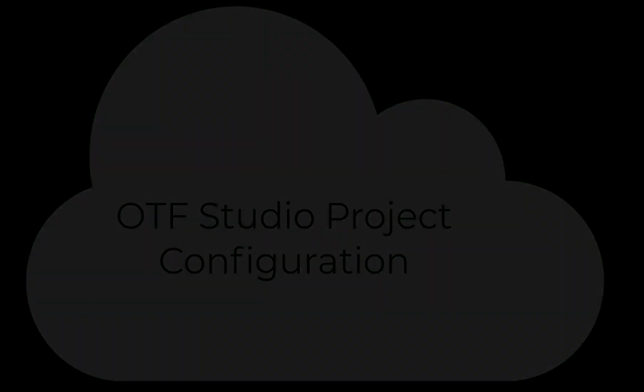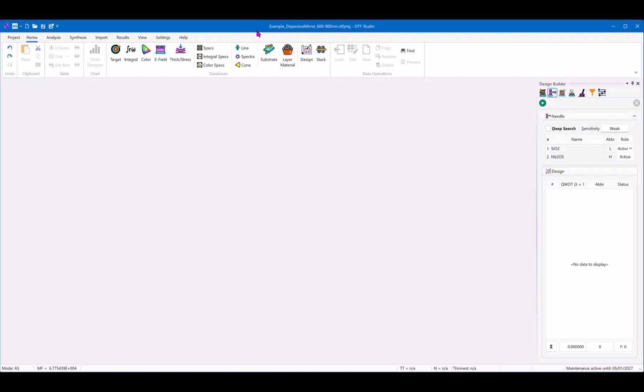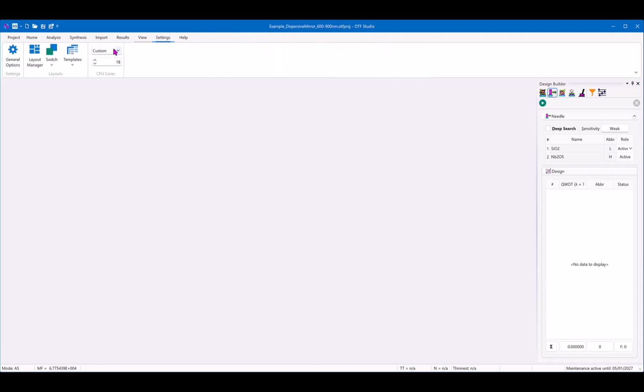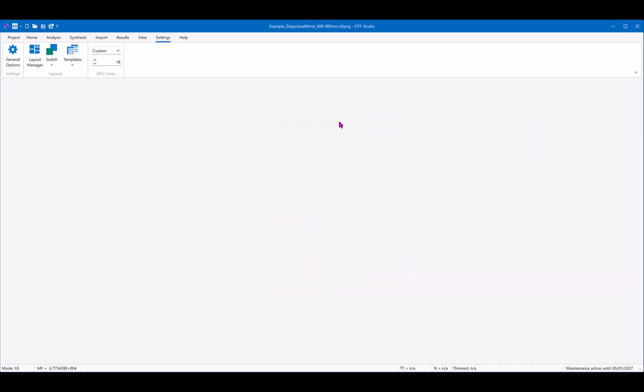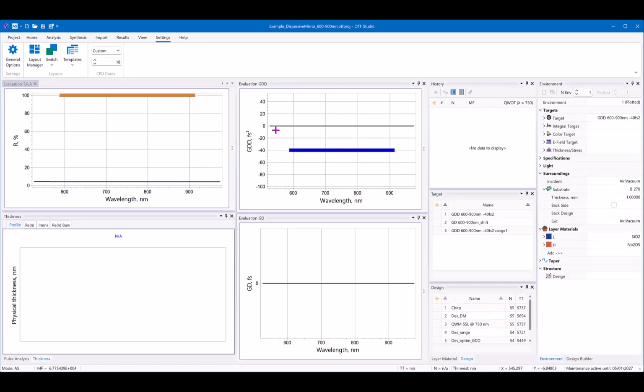I open my OTF Studio project prepared for dispersive mirror designing and apply a template convenient for me according to my preferences. How to deal with templates I recorded in my previous video. See the link on the top.